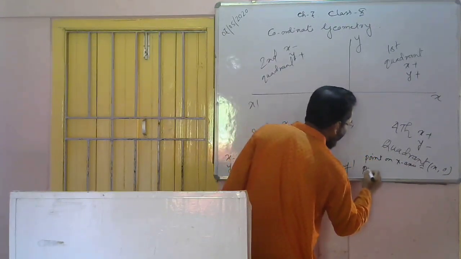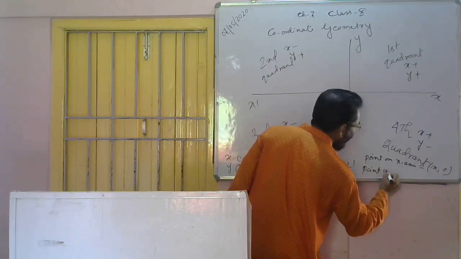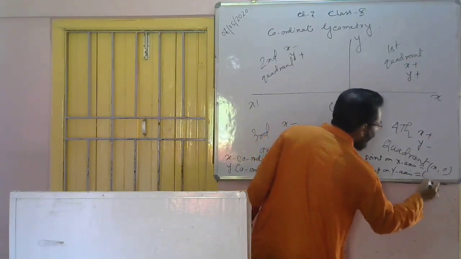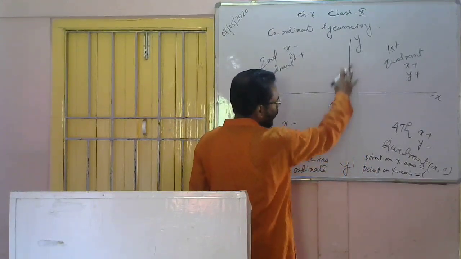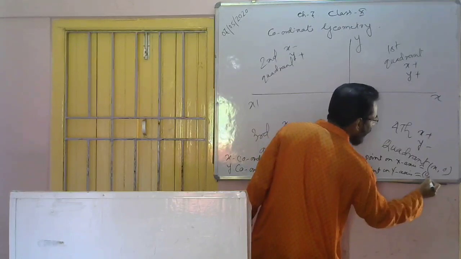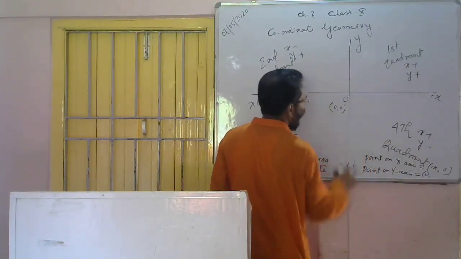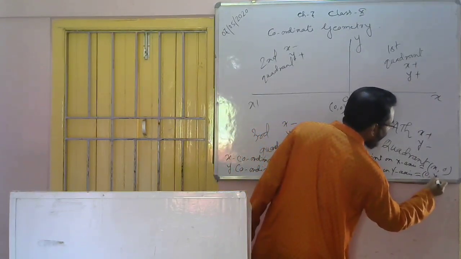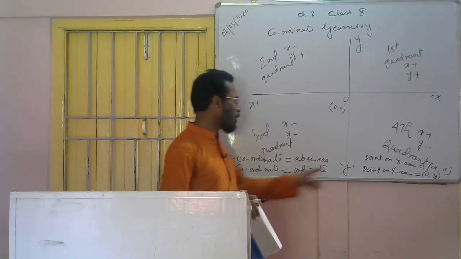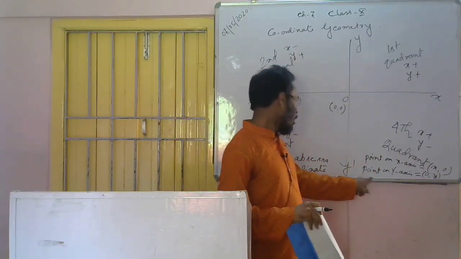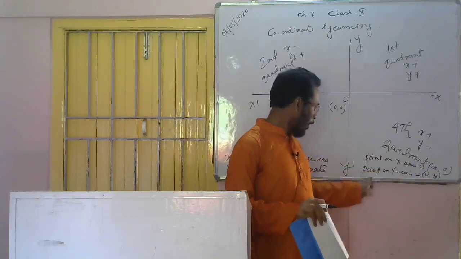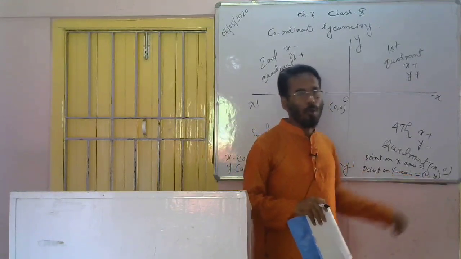The point on the y axis has no x value, so x is 0, and only the y value, so it is 0 y. In this class 10 chapter, these two are most important: a point on the x axis is x 0, and a point on the y axis is 0 y.